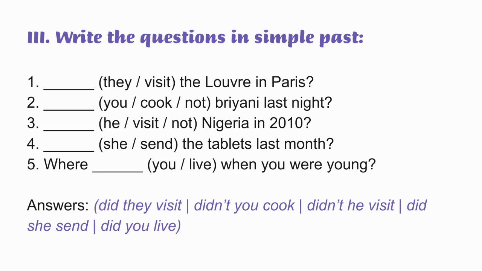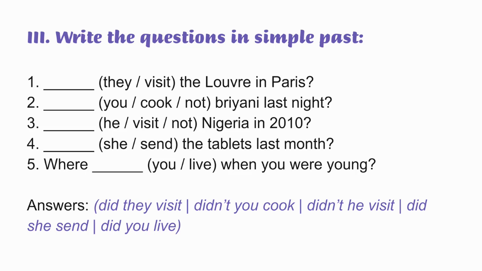So it is, didn't you cook biryani last night? Sentence number 3. In bracket, he visit not Nigeria in 2010. Once again we have question with negative. Didn't he visit Nigeria in 2010? That's right.